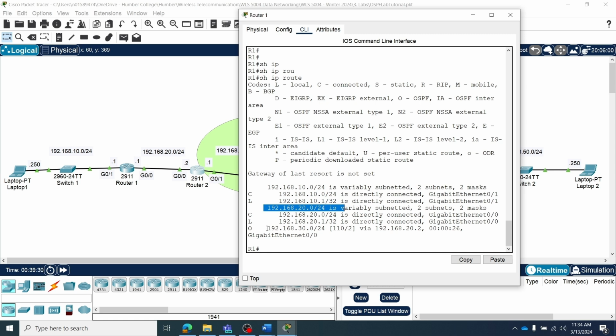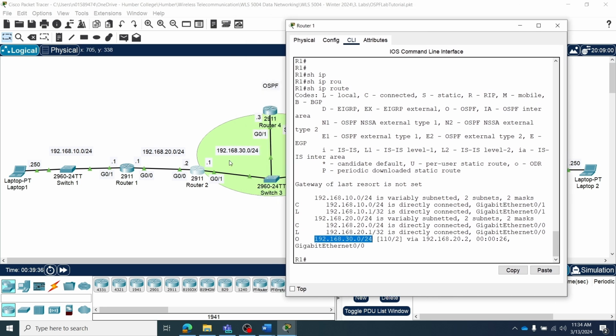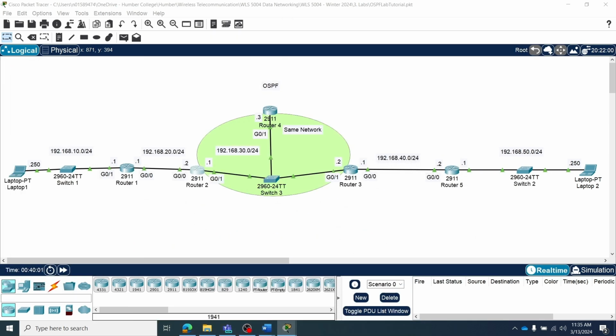Now it has the 192.168.30 network, because router 2 now advertises this new 30 network to router 1, and router 1 updated its routing table with the entry 192.168.30 network, which is coming from OSPF. O means OSPF. So when we configure other routers, you can see router 1's routing table is populating. That means you can see more networks in the routing table.